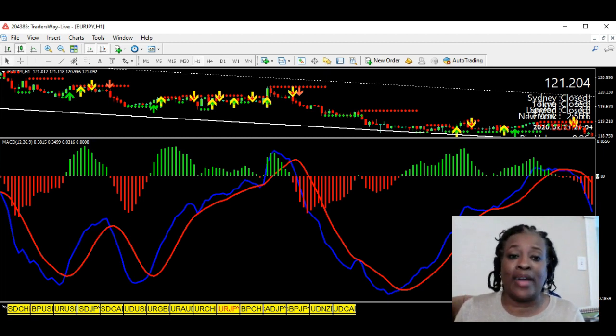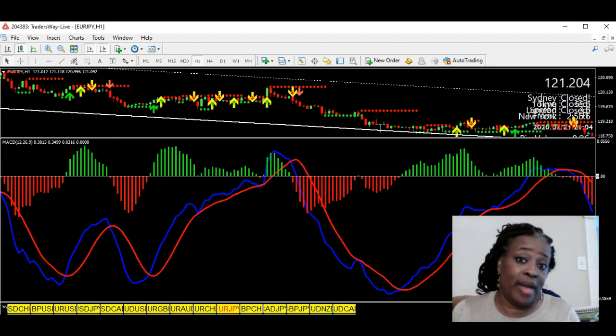We collect data, we collect confirmations, we collect information, evidence that supports the position that we're wanting to go in, or the position that the market wants to go in. Because again, we're just responding to what the market is telling us. We're responding to price action, right?